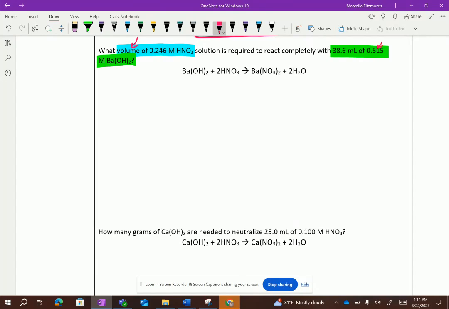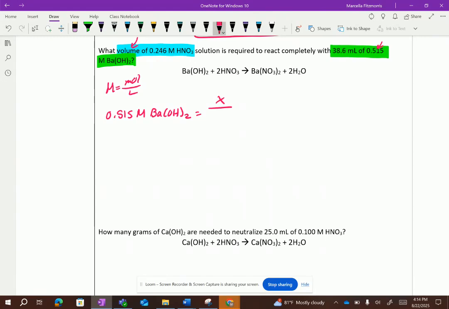I'm going to start with the fact that molarity equals moles over liters for this BaOH. So we have 0.515 molar BaOH. We're going to need the moles of the barium hydroxide.